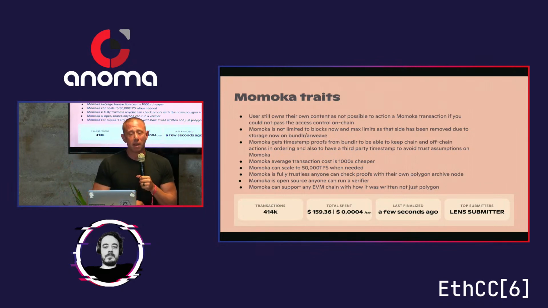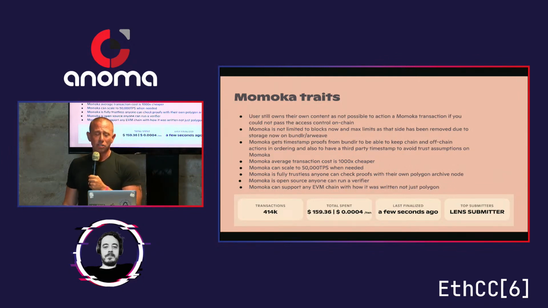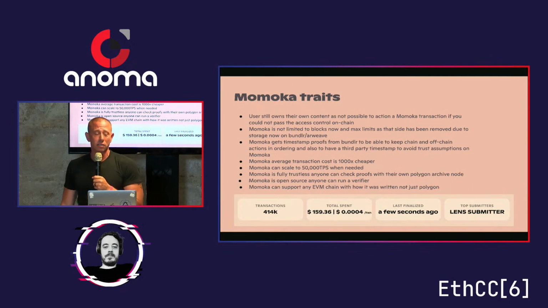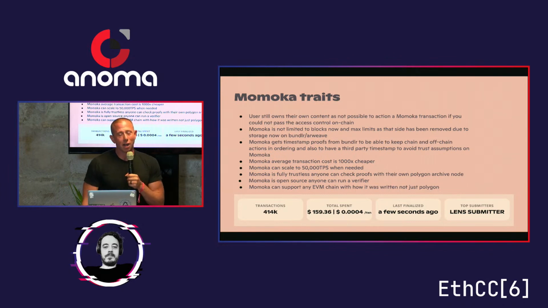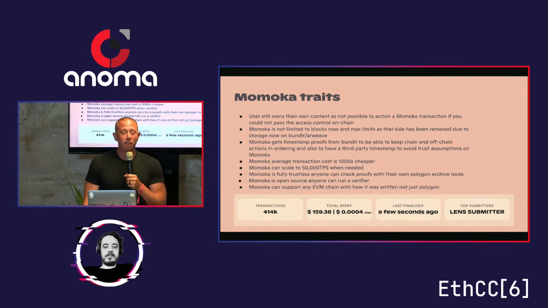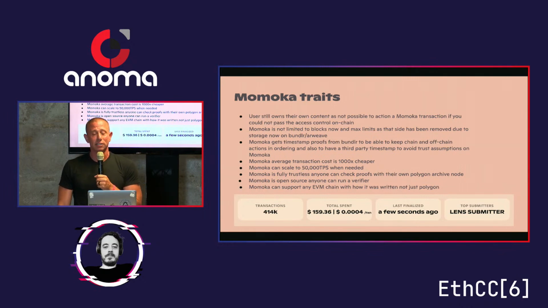We went from having an infrastructure cost that was absolutely insane to now, around yesterday, I took this snapshot, around 414,000 transactions cost around $159. So at peak scale, Ethereum L1 would be sometimes $50 for one transaction, something crazy like that. We have over 400,000 transactions now averaging at 0.0004 cents a transaction.